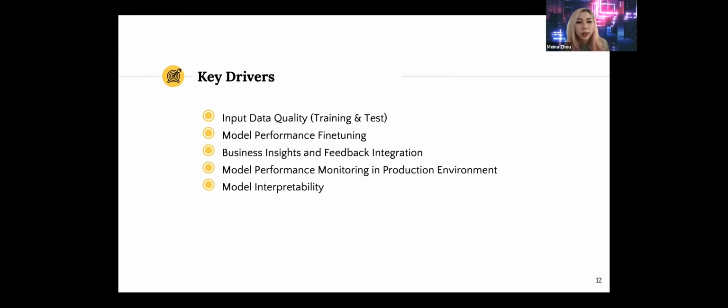And then another topic that I have presented at other conferences, and always talk about with my clients, is model performance monitoring. Because in the production environment, you always want to make sure that the performance of the model is sustainable and stable.